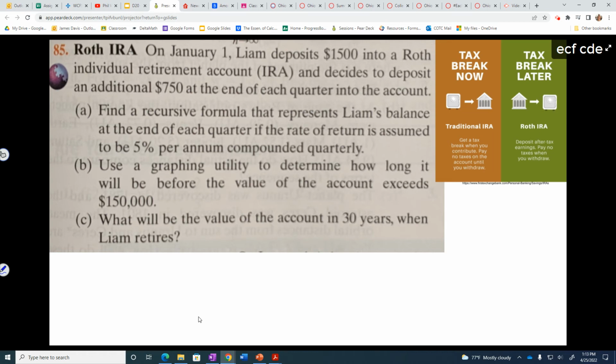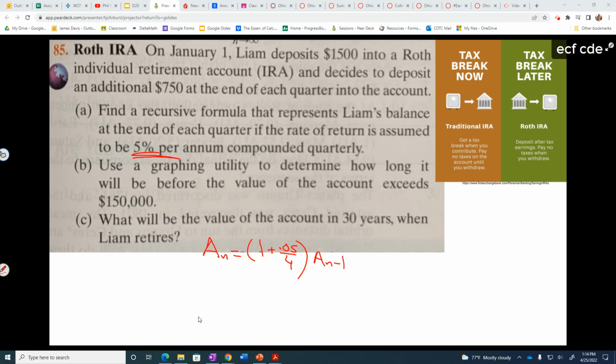All right, so let's write that. It's going to be A sub n equals 1 plus our rate, 5%, which is 0.05. Since this is quarterly, the n is going to be 4 in this one. We then have our A sub n minus 1.